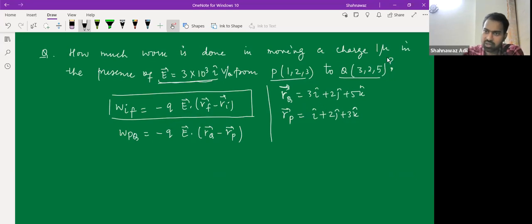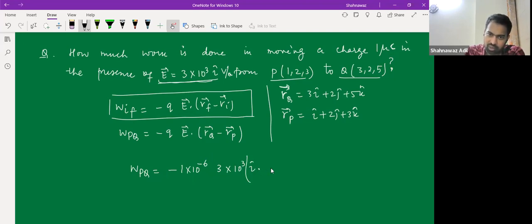This is microcoulomb, right? So we just plug in the values. Work done from P to Q would be minus of 1 into 10 to the power minus 6, and the electric field is 3 into 10 to the power 3 I, and dot, right?